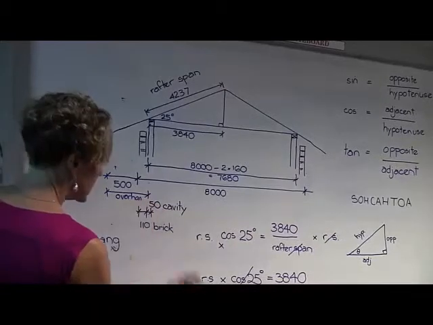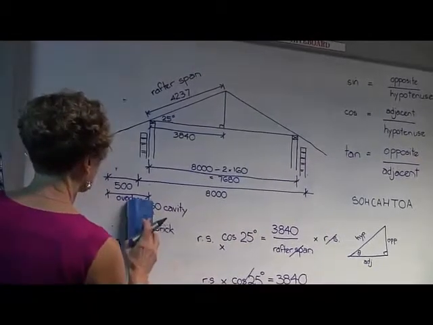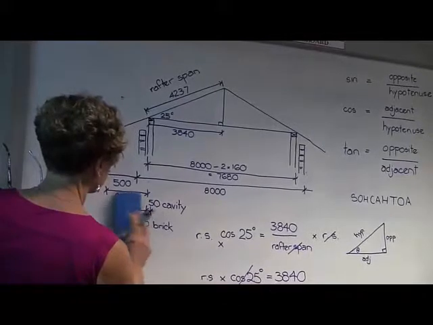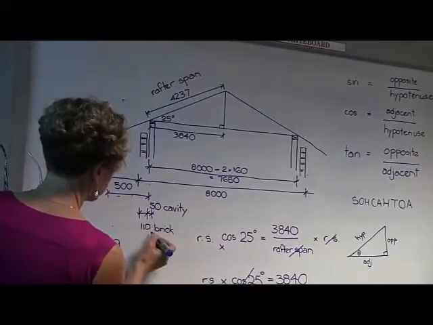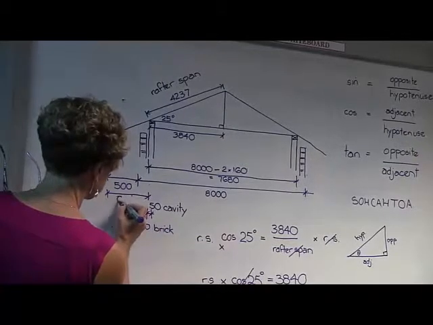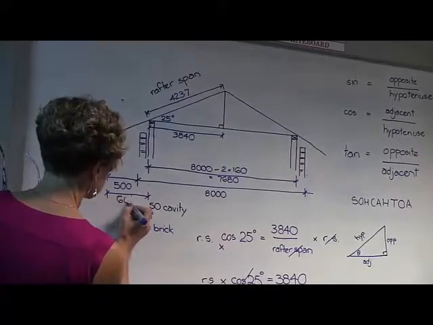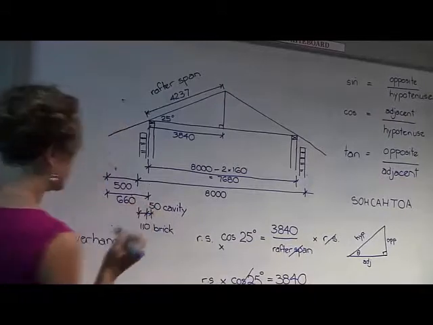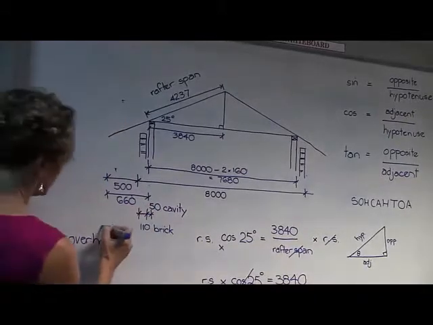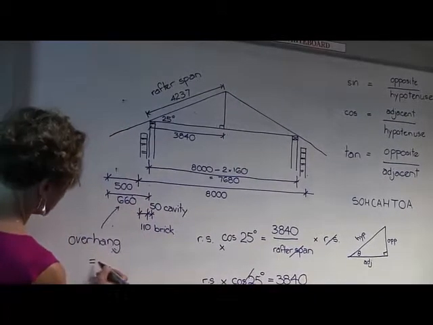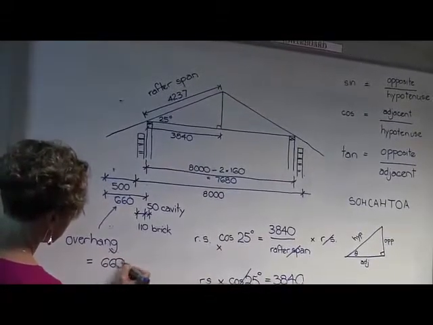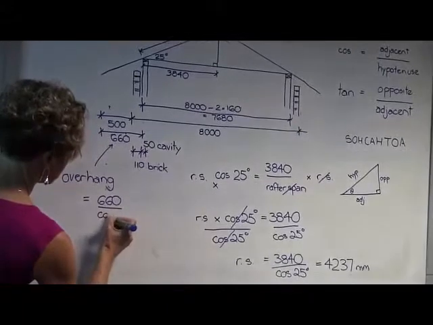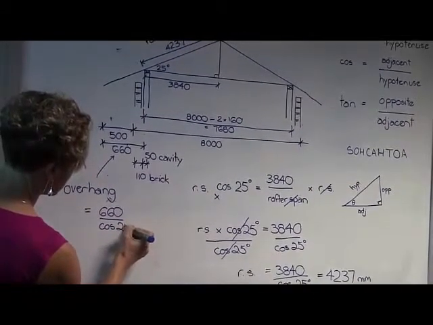We need that measurement, 500 plus 160, so 660. And the overhang will be equal to 660 divided by cos 25 degrees.